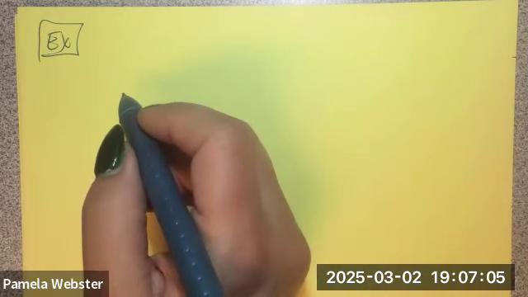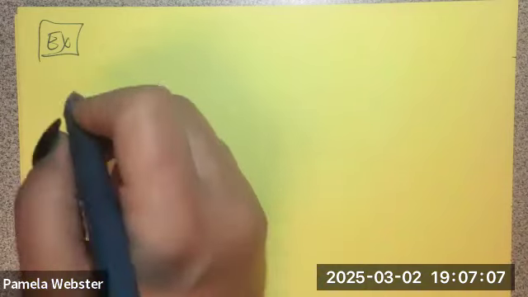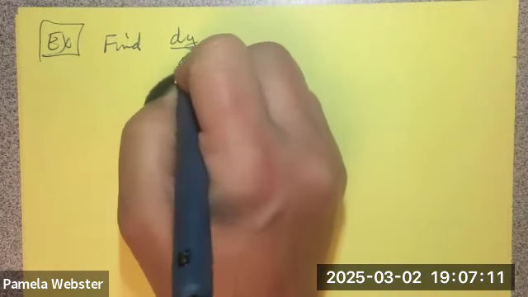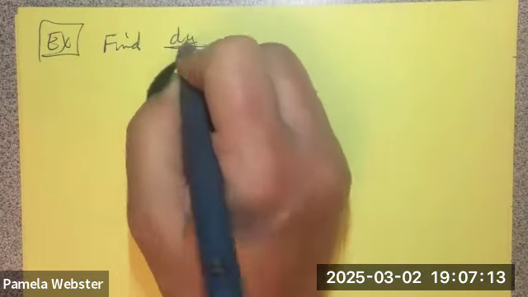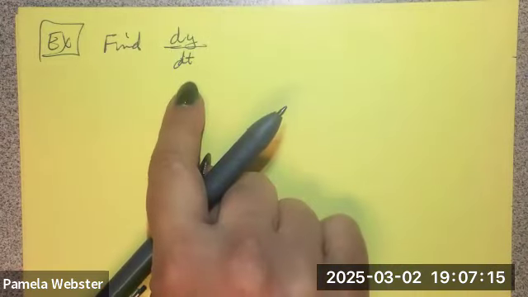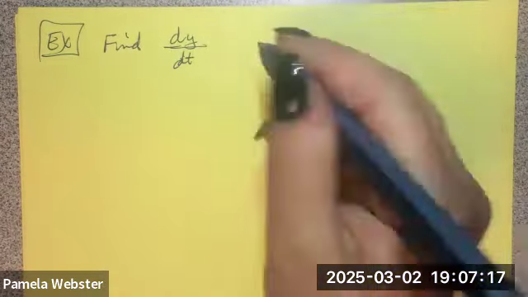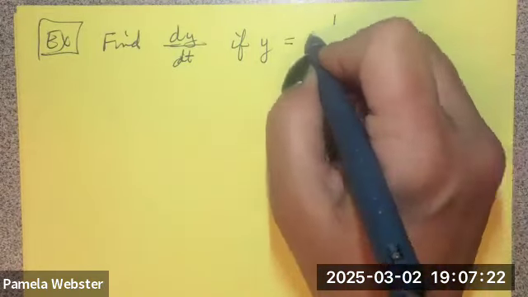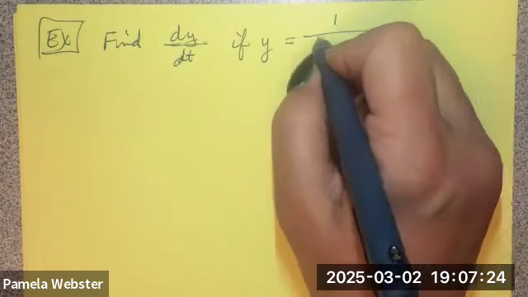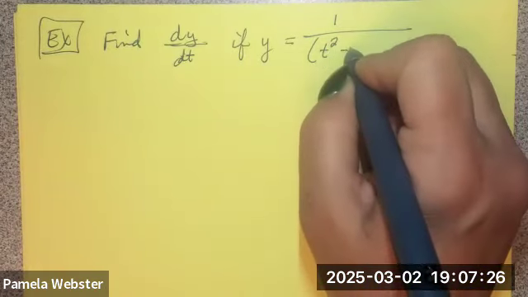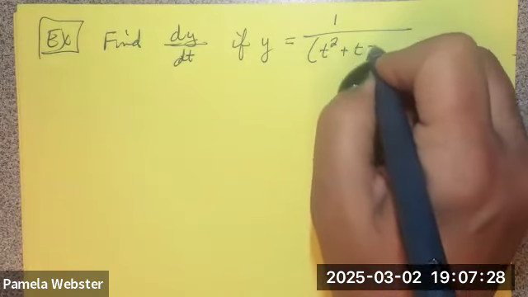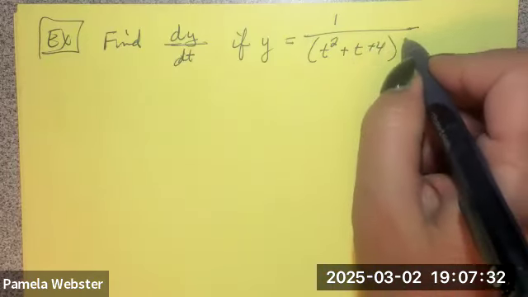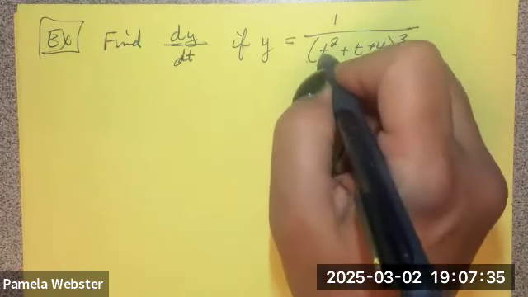So, this one says find dy/dt. When you see that, you're going to go, oh, that's derivative notation, right? If y equals 1 over (t squared plus t plus 4) raised to the third power.